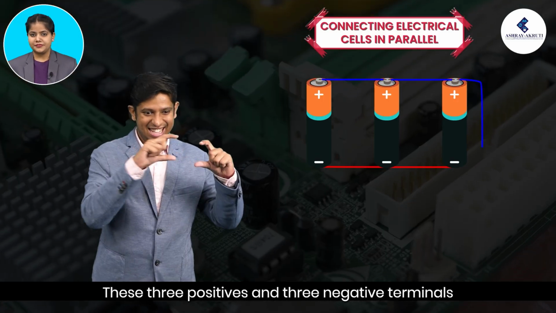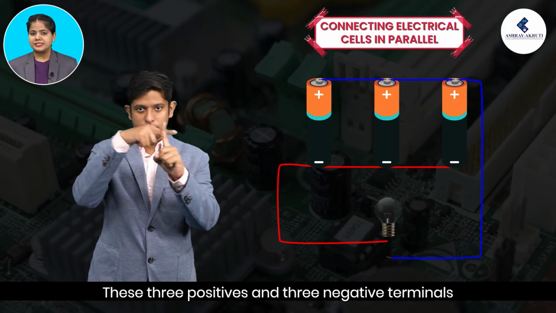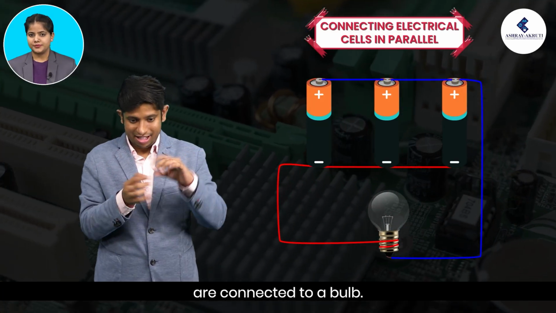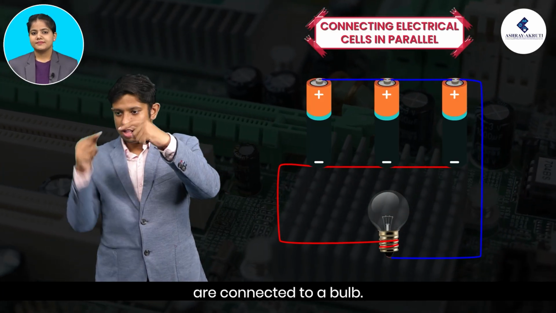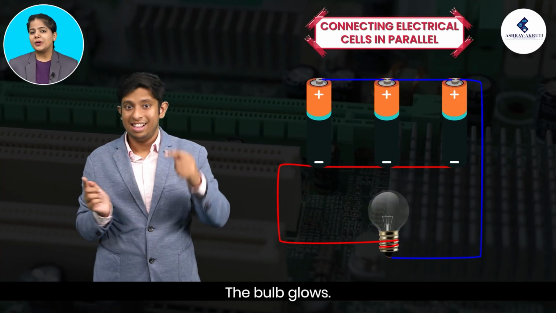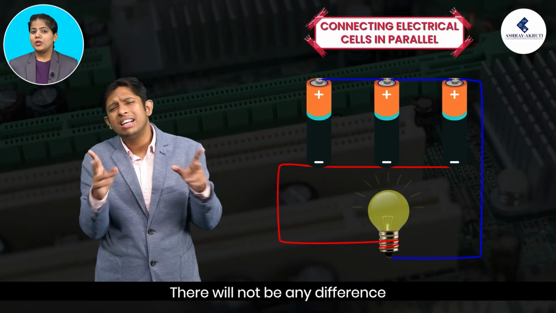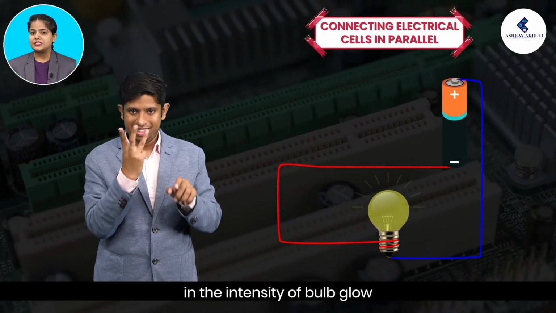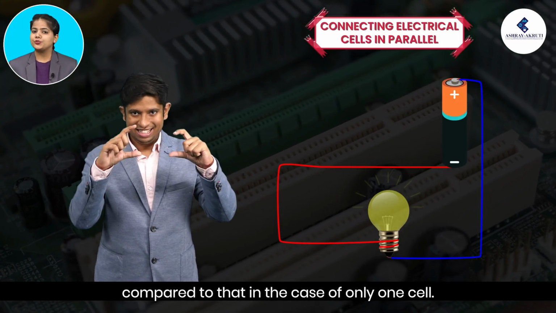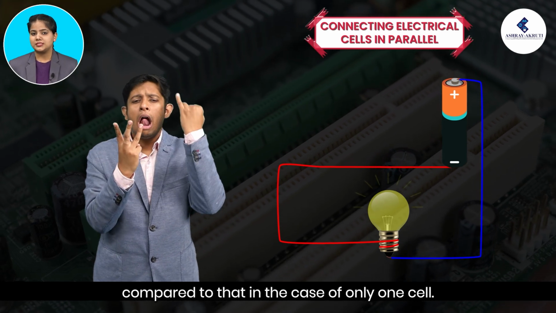These 3 positive and 3 negative terminals are connected to a bulb. The bulb glows. There will not be any difference in the intensity of bulb glow compared to that in the case of only one cell.